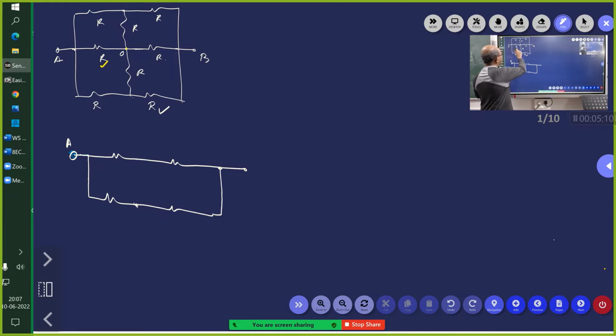This R I wrote, then this R I wrote, then this R I wrote, then what else should I write? Then this R I should write here, no? And repeat it for the upper one.